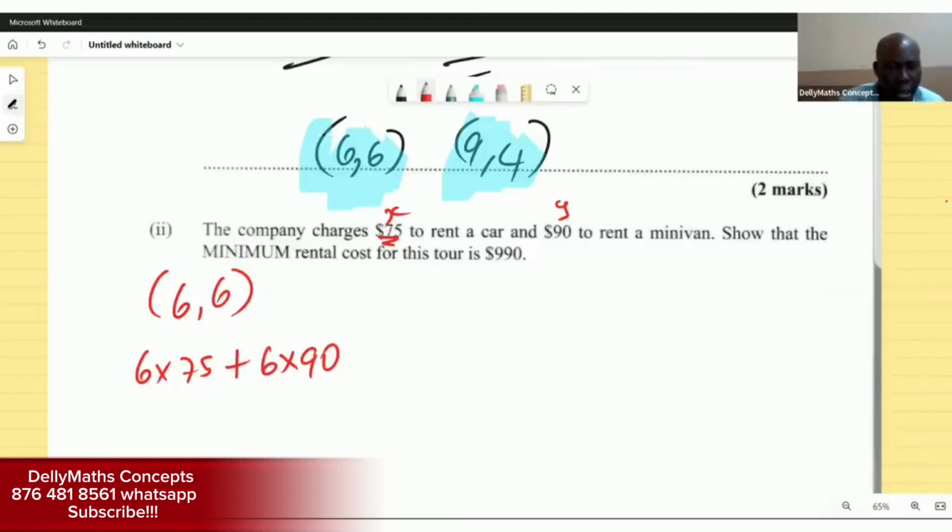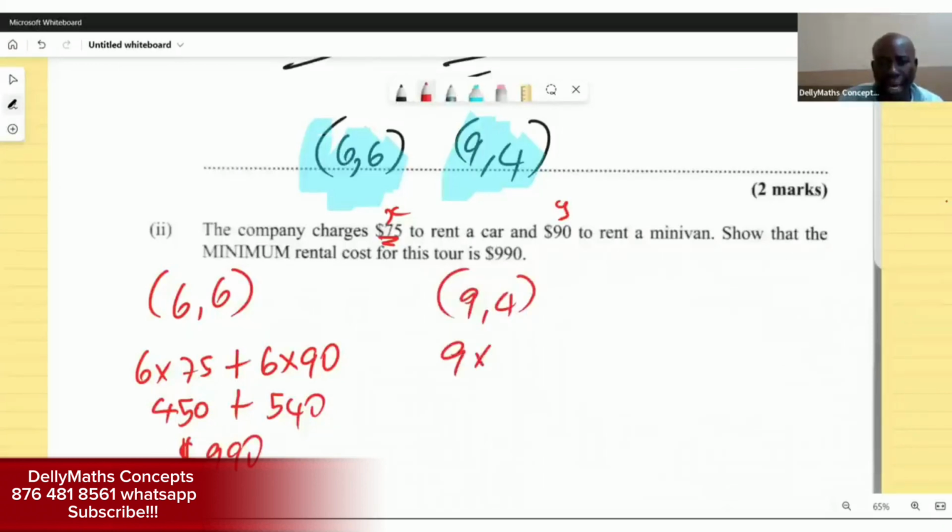So 6 times 75 is $450, and 90 times 6 is $540. When we add these, I am getting $990. But I still have to work out the other combination as well.